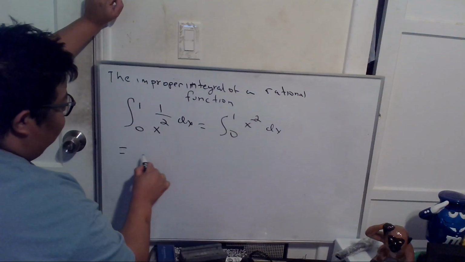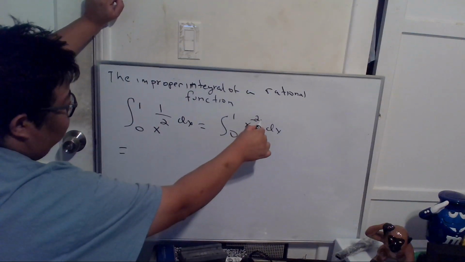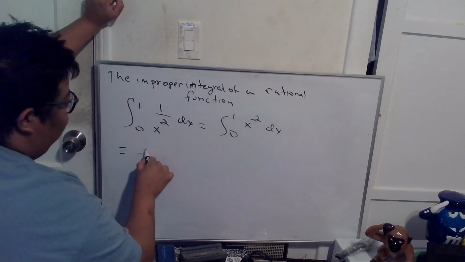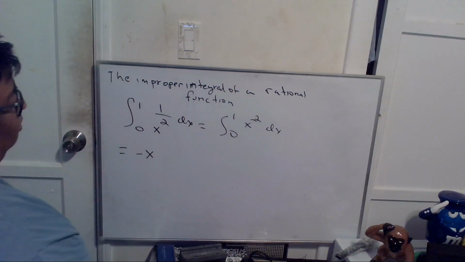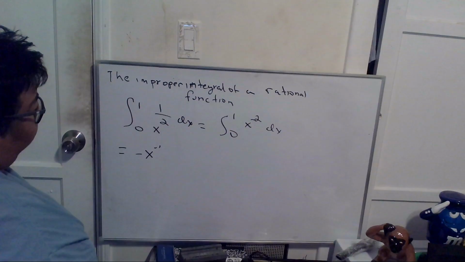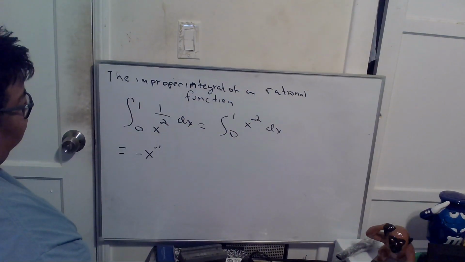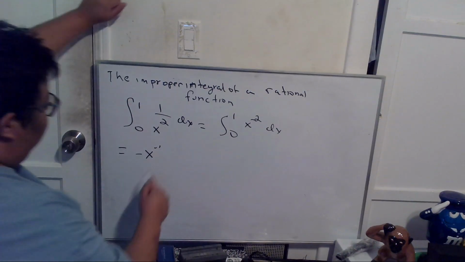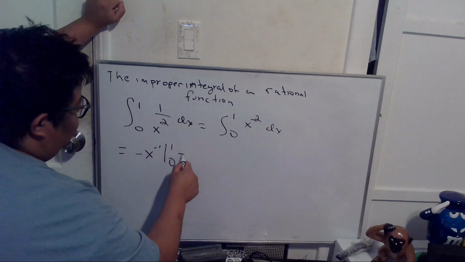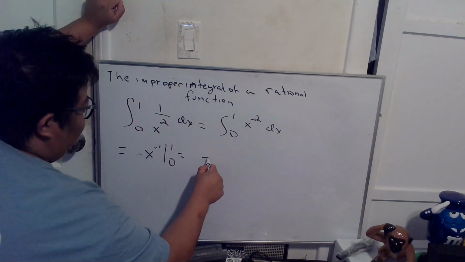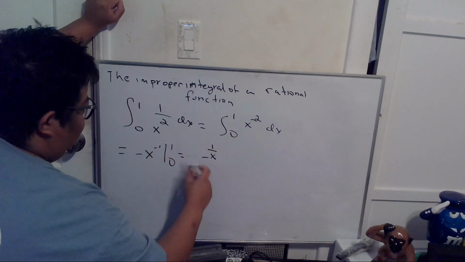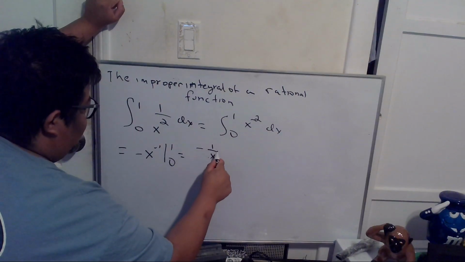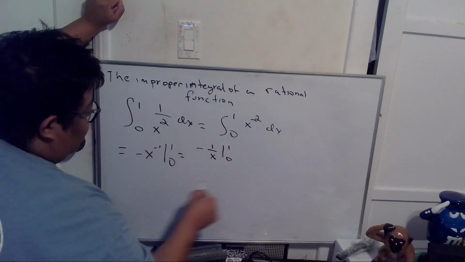Then we take the antiderivative, which is x to the negative 2 plus 1, that's negative 1, so negative x to the minus 1, from 0 to 1.